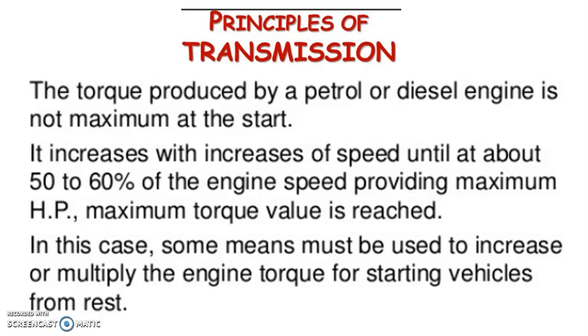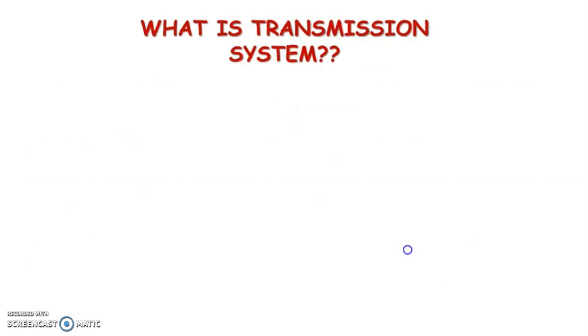It increases with increase of speed until at about 50 to 60% of the engine speed, providing maximum horsepower, maximum torque value is reached. In this case, some means must be used to increase or multiply the engine torque for starting vehicles from rest. So that's why the transmission system is there.